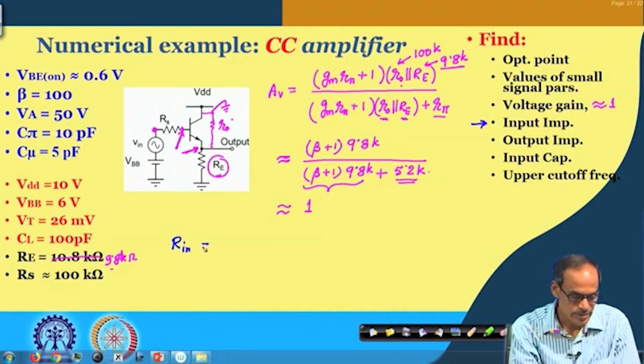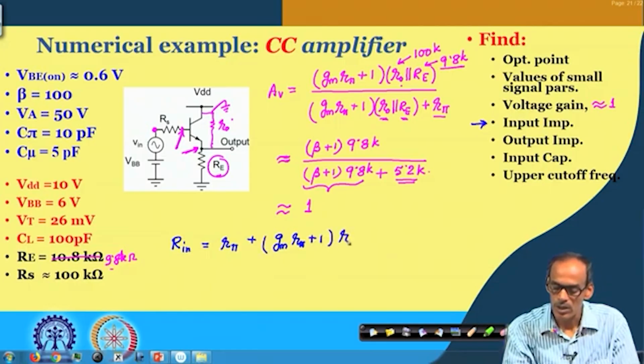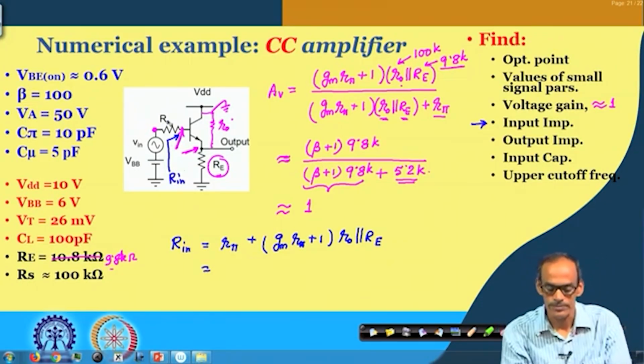As we have discussed before, the input resistance will be R pi plus G m into R pi plus 1 into R naught coming in parallel with R E. And again this is the input resistance looking into the base of the transistor, without considering this R S.